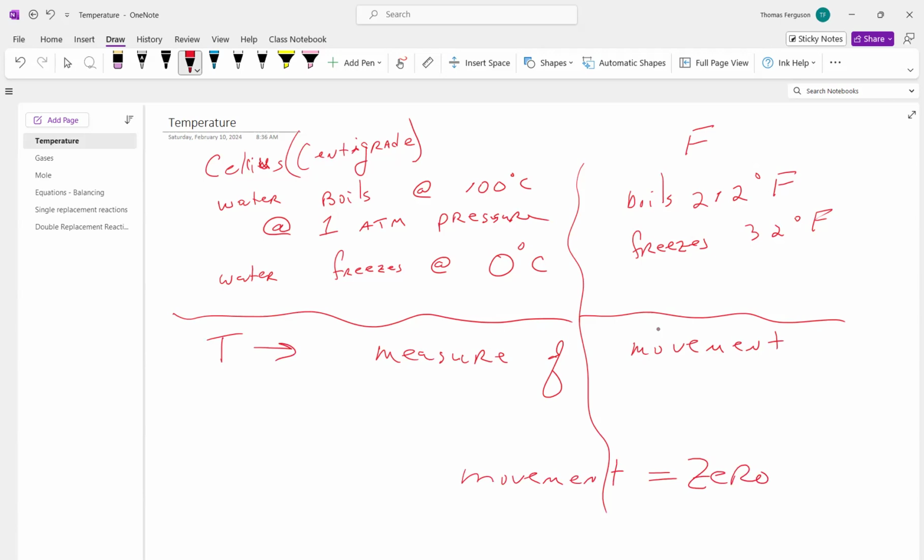So what we're going to do is cool it down, cool it down, cool it down until the movement slows down to almost nothing, then stops. That's called absolute temperature, 0 degrees. However, not Celsius though.